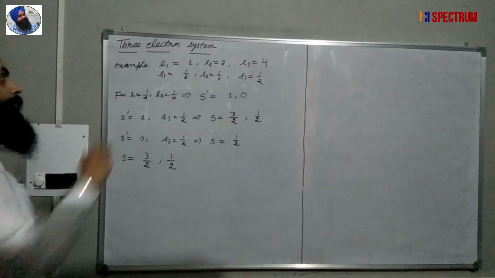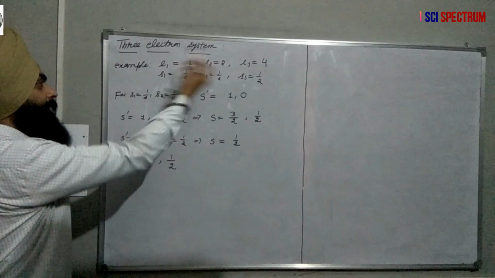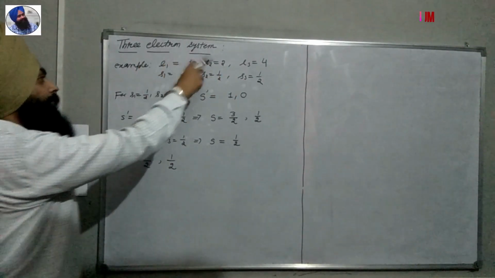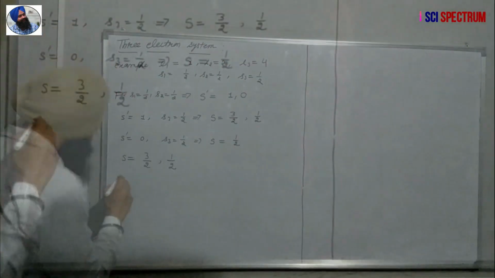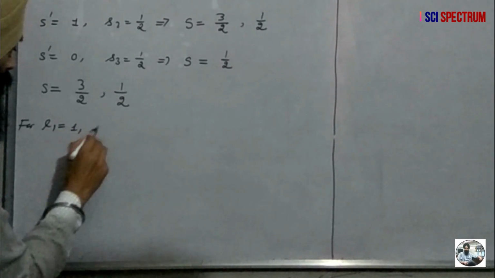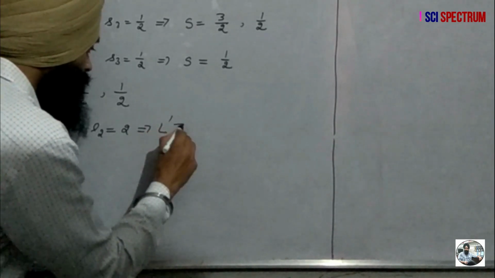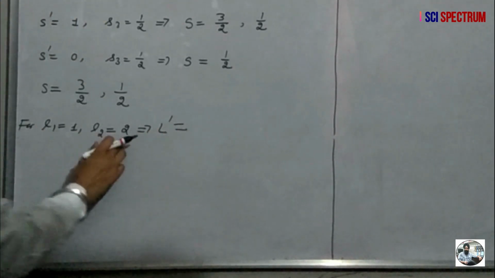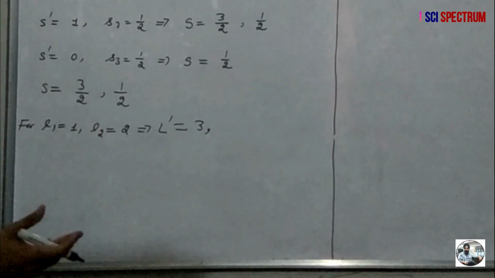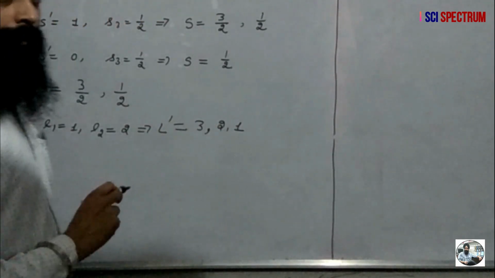Now we will combine the 3 L values. First we will combine any 2 of the L values, and then we will combine the resultant with the third L value. So for L1 is equal to 1, L2 is equal to 2, we have L dash is equal to 1 plus 2, 3, up to 1 minus 2 mod, that is 1: 3, 2, 1.